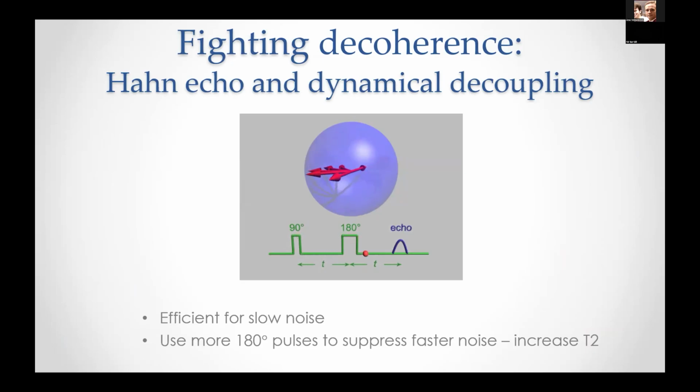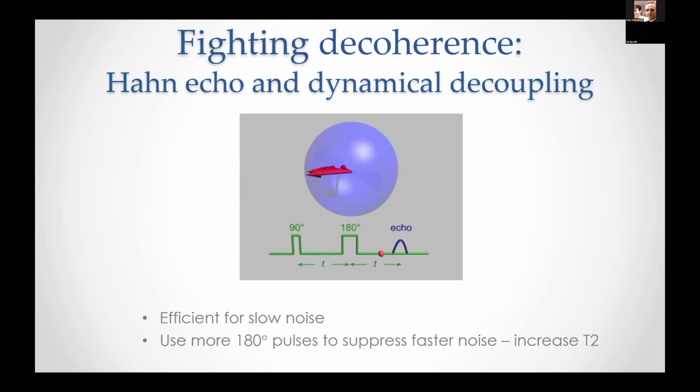It's just static inhomogeneities. It's like an unknown DC field that moves your resonance around without you knowing it.